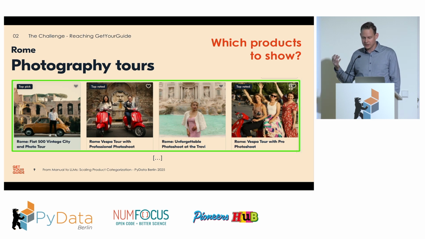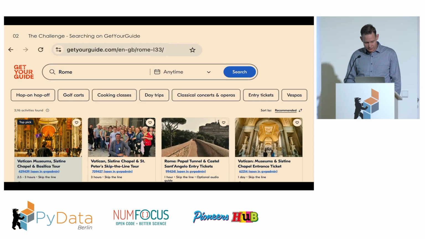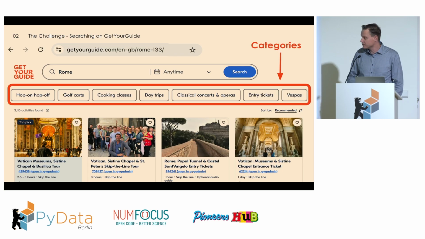Coming from externally is not the only way that you get to interact with these categories. It also happens when you search on GetYourGuide. Let's say you are at the general Rome page of GetYourGuide and you want to narrow down to something, then you can use these filters here, and they are also based on categories. When you click there, they are used to narrow down the products that are shown.